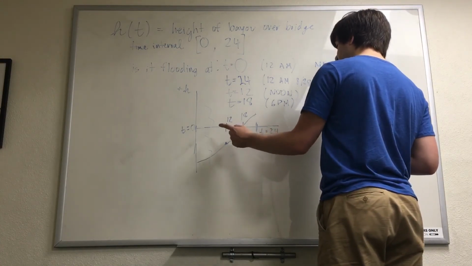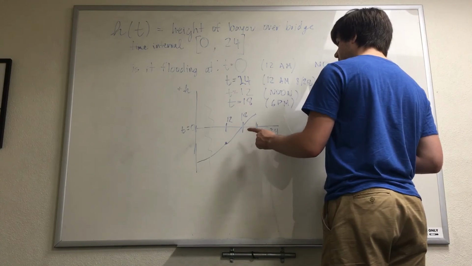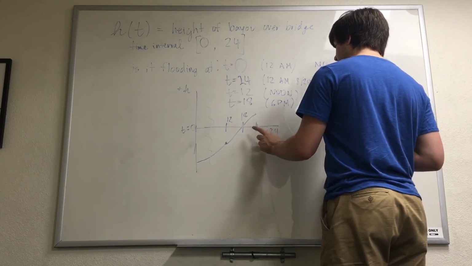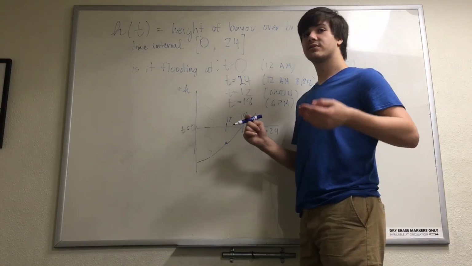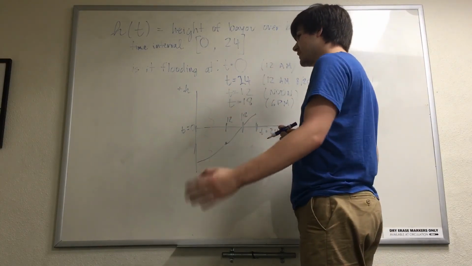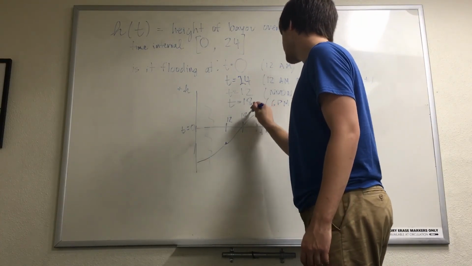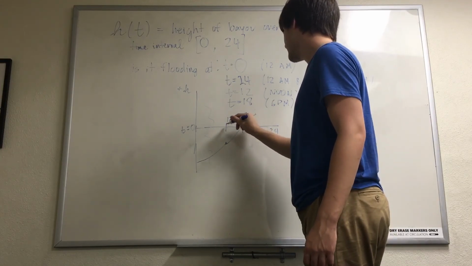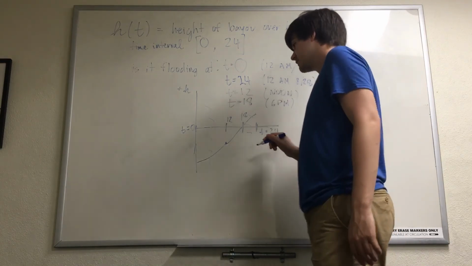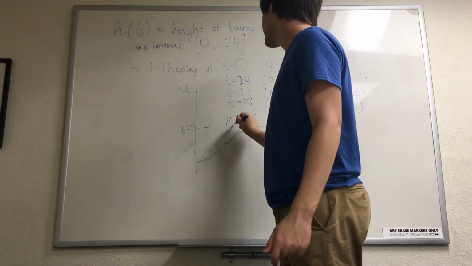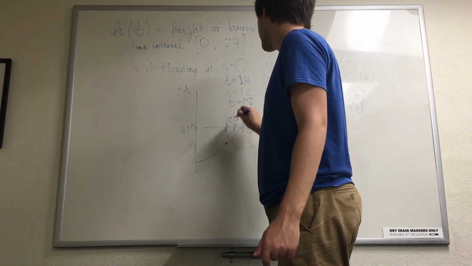We know it actually wasn't flooding at noon, it was flooding at 6, and it was flooding at midnight. So the actual sign change where it went from not flooding to flooding was between noon and 6 p.m. So we can throw out the 6 to midnight interval and keep on looking in here from noon to 6 p.m. We then choose a midpoint, which would be t equals 15 or 3 p.m.